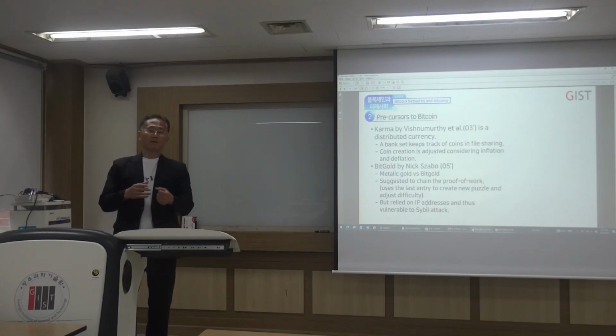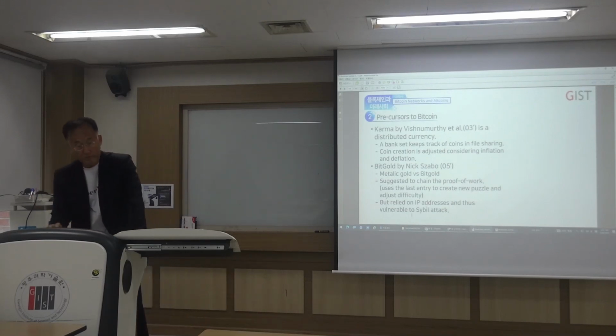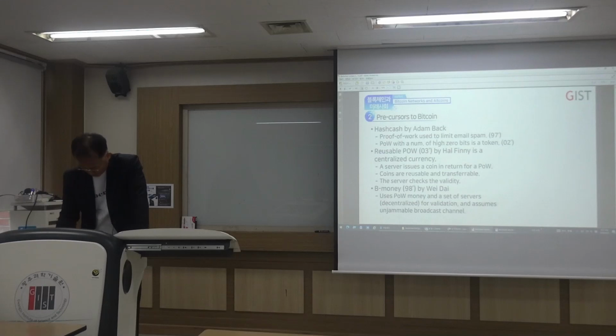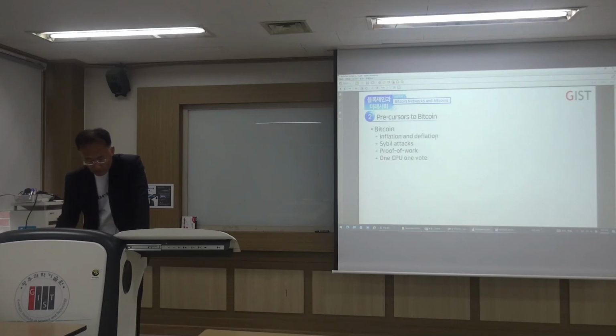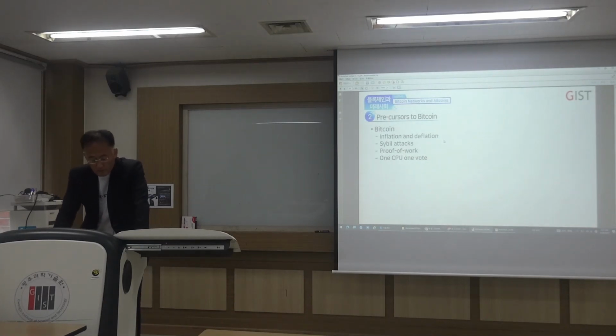A person can create many different IP addresses, right? So it was vulnerable to cyber attack. All right, so that was several precursors to Bitcoin, right?